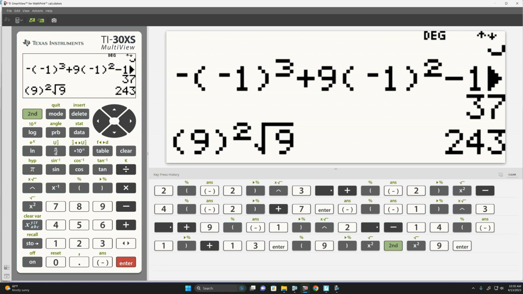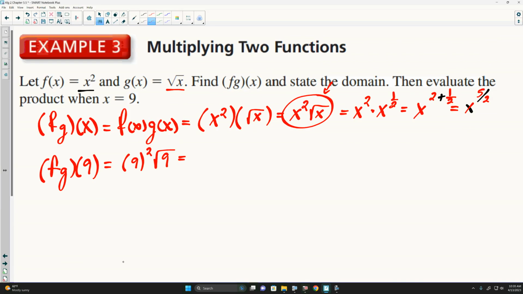You get 243. Because if we work this out, 9 squared is 81, square root of 9 is 3, and 81 times 3 would be 243. Or we could just plug it in and see that it is 243. Questions on this here? You ready for the next one?